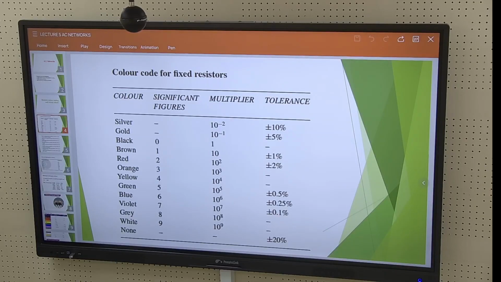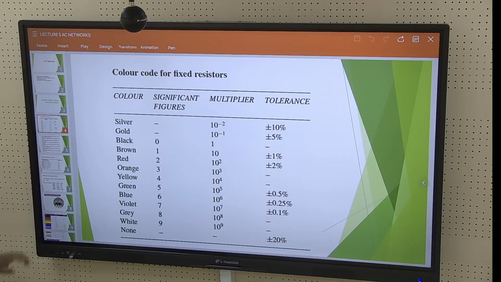There's no silver in the first band, but gold is 10 power minus 1 multiplier or tolerance. Black is 0, then brown, red, orange, yellow, green, blue, and white have the values as you can see here.